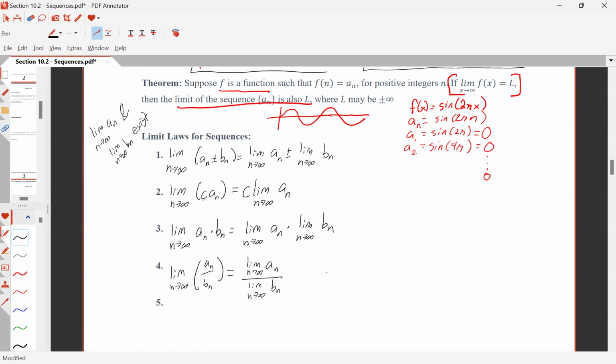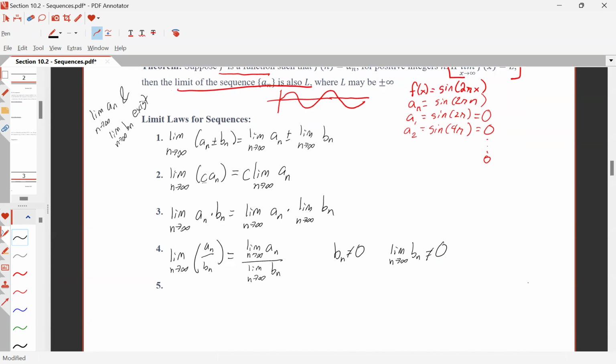This one has the additional requirement that the terms of b sub n cannot be 0, and the limit of b sub n is not 0, simply because we just can't divide by 0. But as long as we rule out the dividing by 0 cases, that limit law holds.